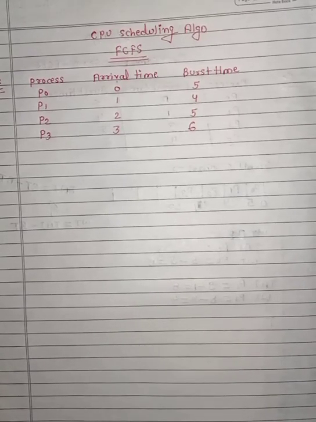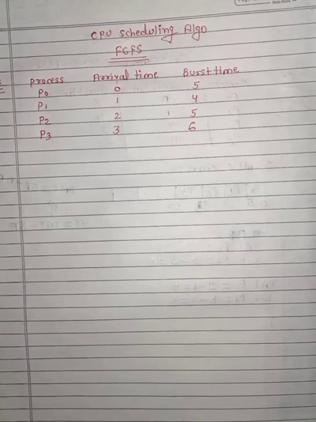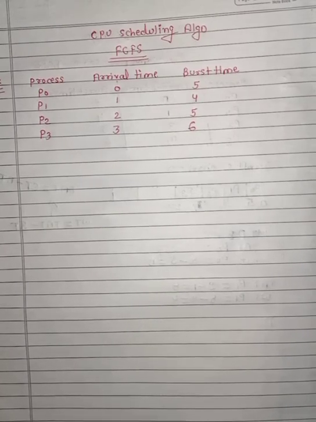This is the question in which there are four processes given: P0, P1, P2 and P3, with different arrival times, and respectively the burst time, or CPU time, or we can also say the execution time, of the respective processes is 5 units of time, 4 units, 5 units and 6 units.